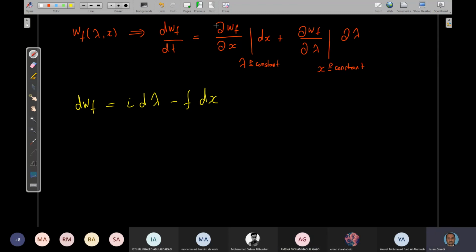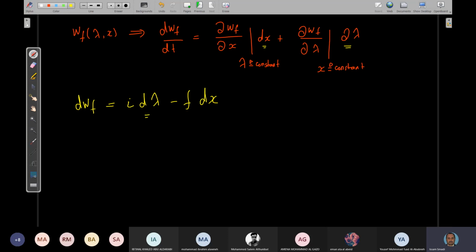And now let's compare this one and this one. This is the dx and this is the d lambda, correct?